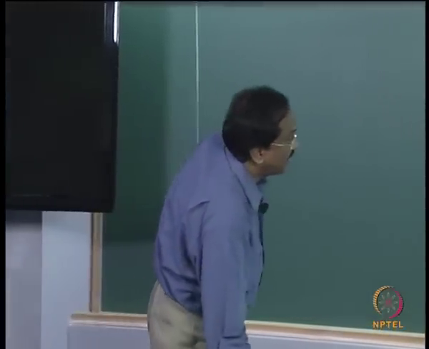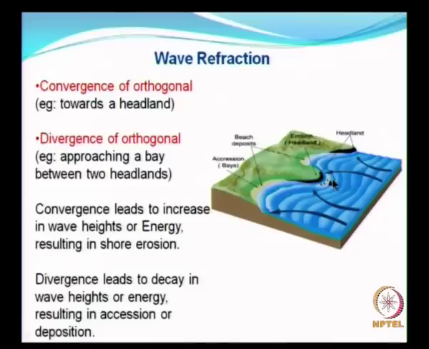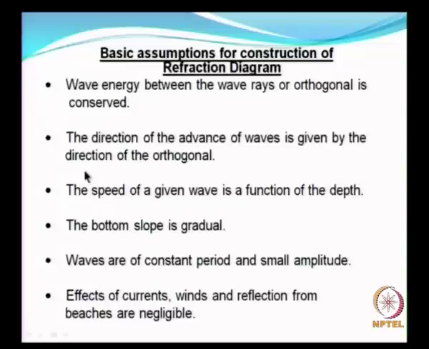And here you see convergence taking place, energy gets concentrated, and removal of material takes place. Such a refraction diagram needs to be constructed before you take up any work.